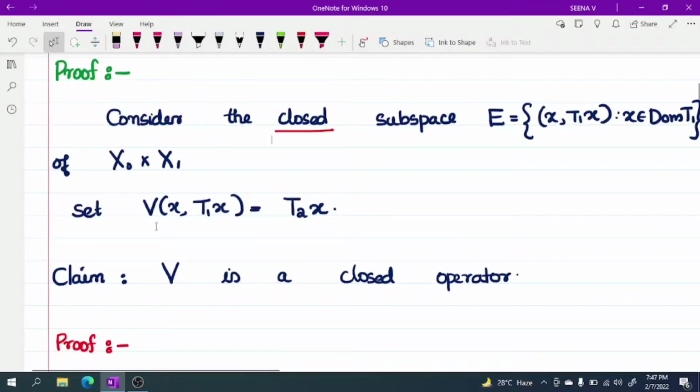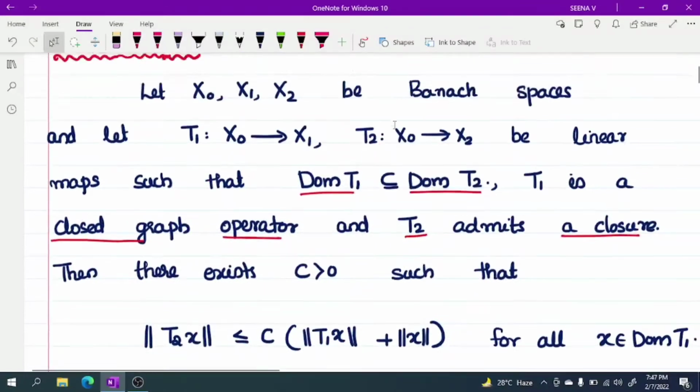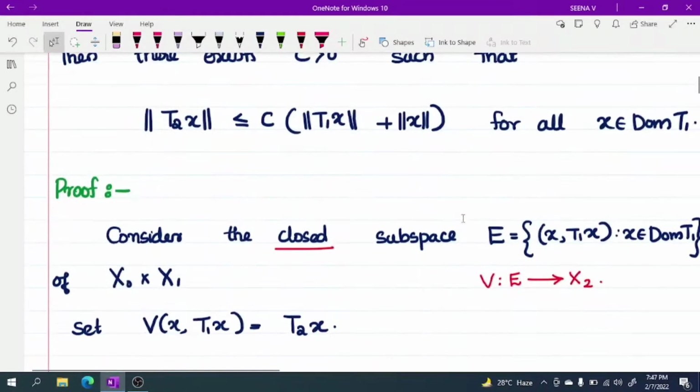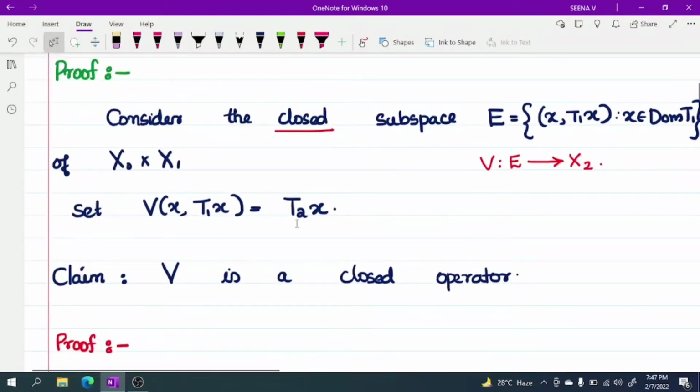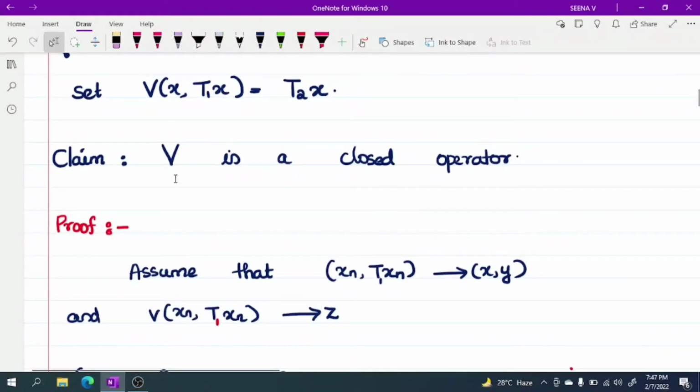We are defining a function V on elements (x, T1x) from E, so V is a function from E to X2, because T2x is in X2.